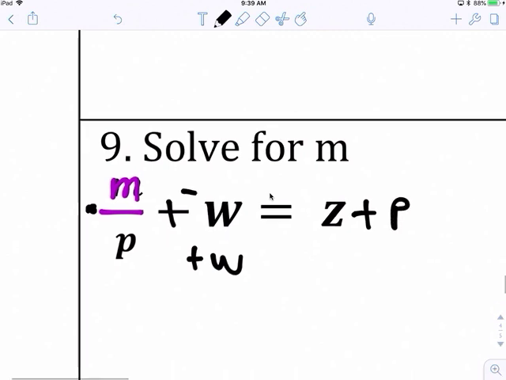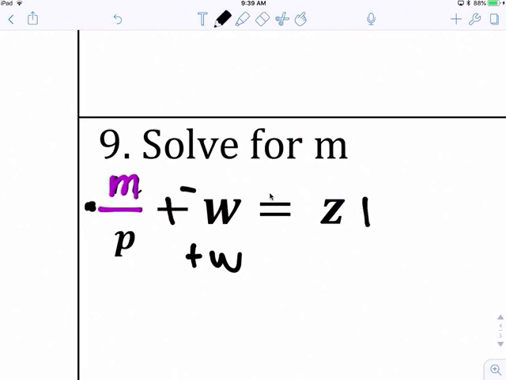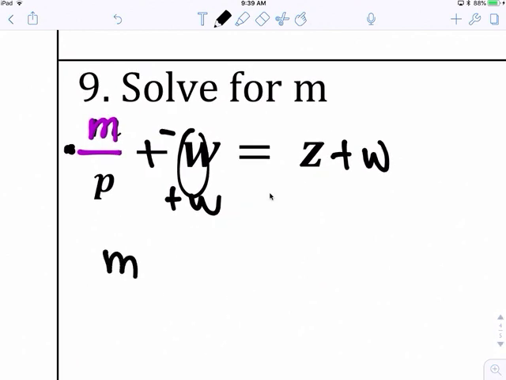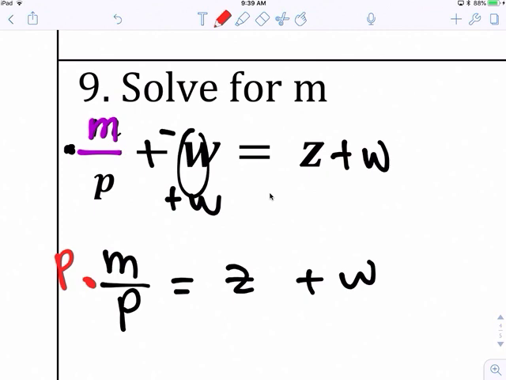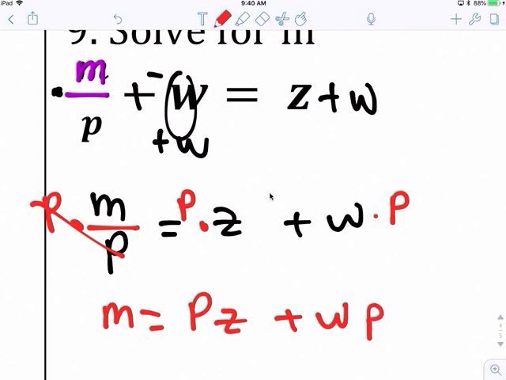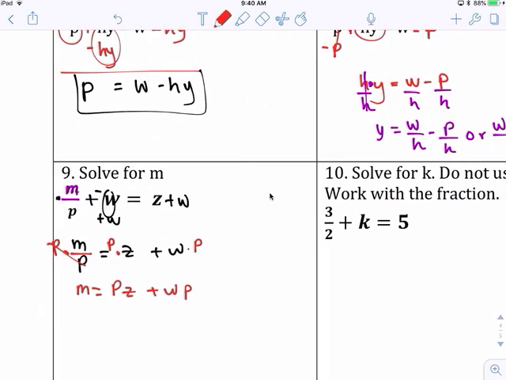Not add P, add W. That's 0, so you get M over P equals Z plus W. Then you have to multiply by P to get rid of the P, because this is divide, times this all by P. And you get M equals PZ plus WP. Same thing as if you did it the other way, multiply and then divide, okay?